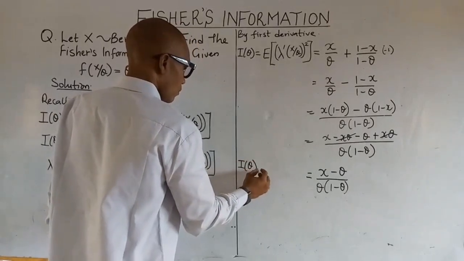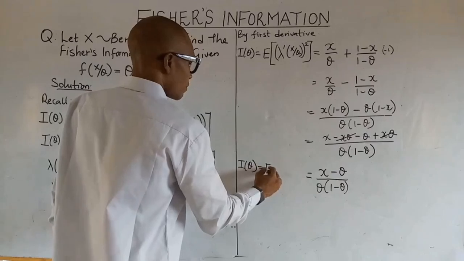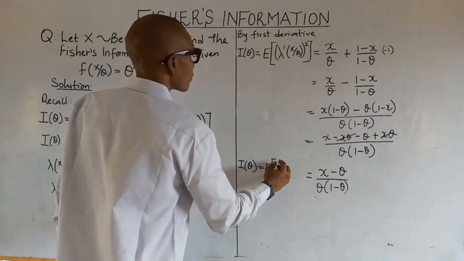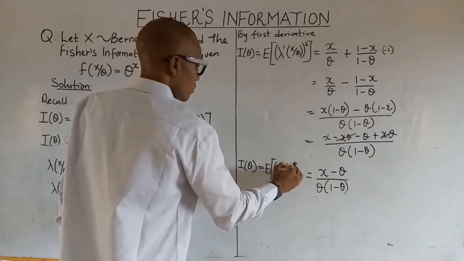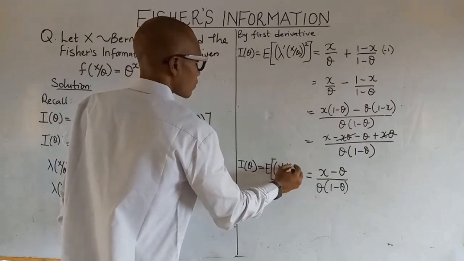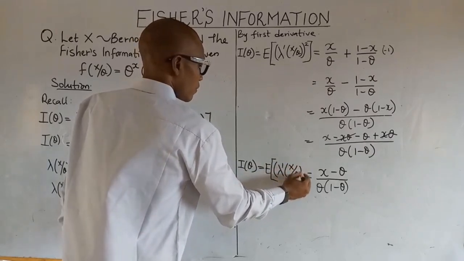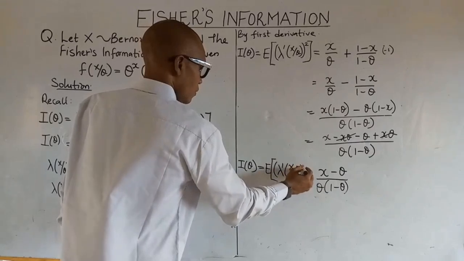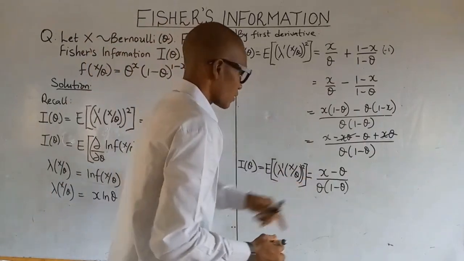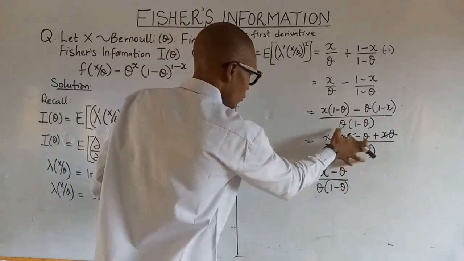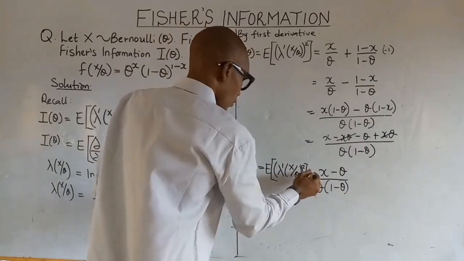you have the expected value of the derivative of log f, all squared. So we take the expectation of this. This is our answer with this. So we take the expectation.